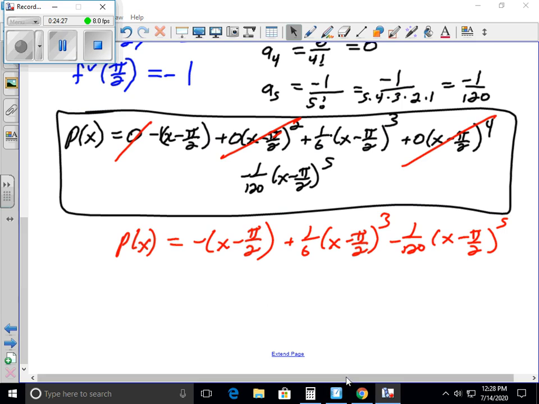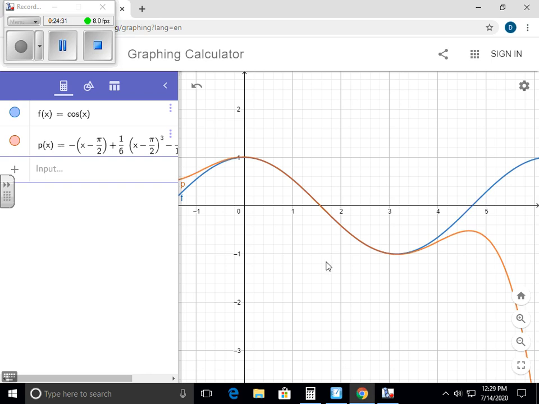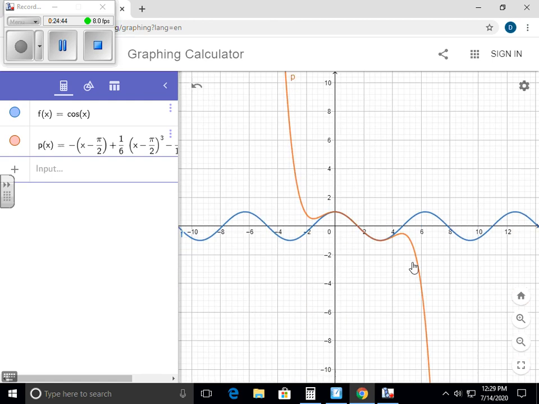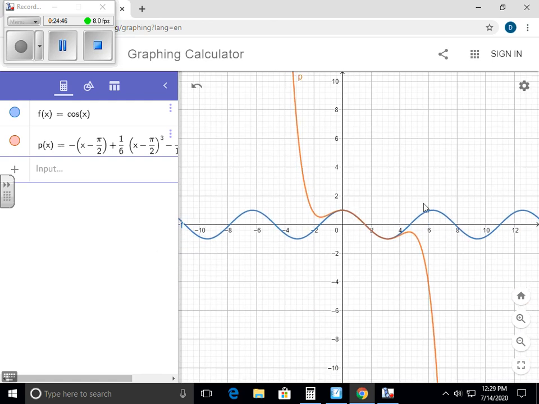Now let's compare our graphs. So if we go to here, the blue curve is cosine, y equals cosine x. The red curve is our polynomial, our fifth degree Taylor polynomial. Notice cosine, that's just a wave. And for a while, our polynomial is pretty good.